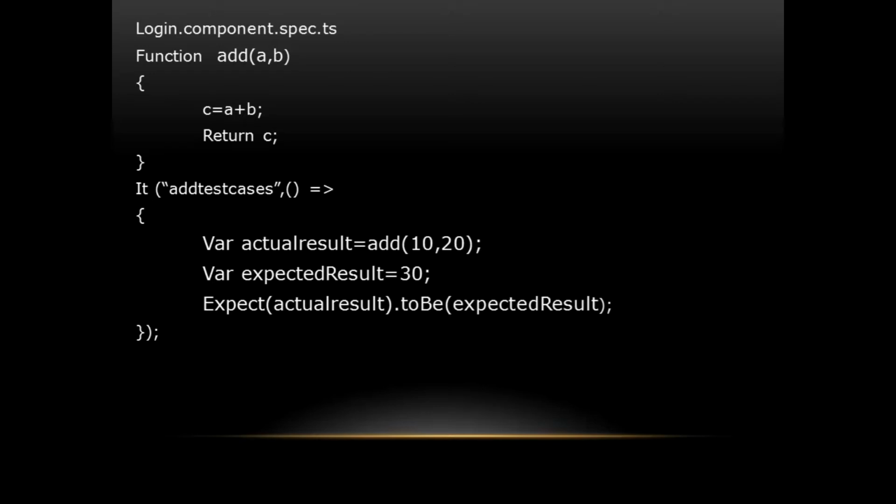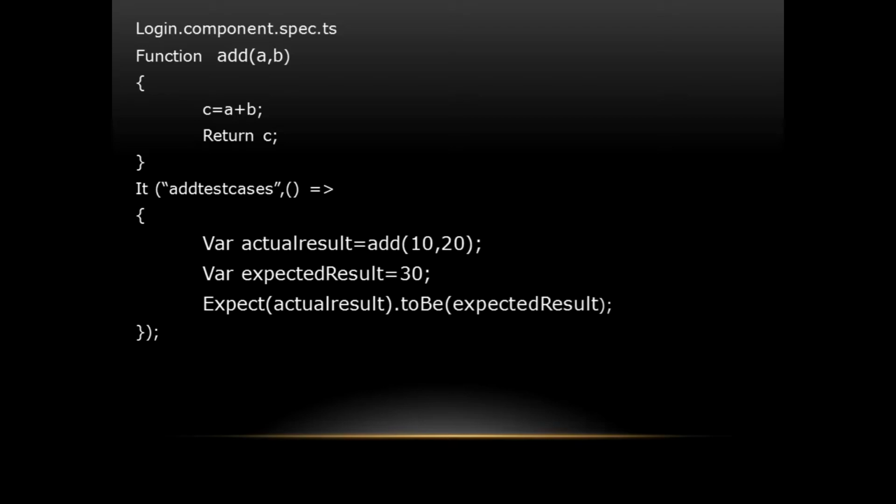Expect is also a keyword in unit testing of Angular. So you are expecting the actual result to be the expected result. What you are expecting, 30, is the expected result. What you are passing in the add function, 10 comma 20, the result will be 30.